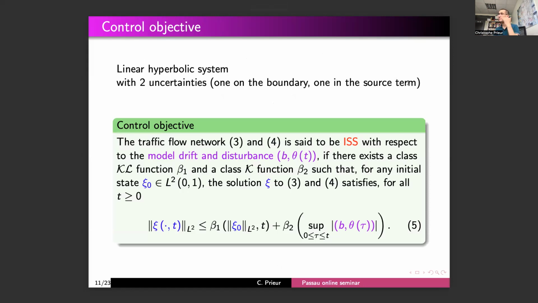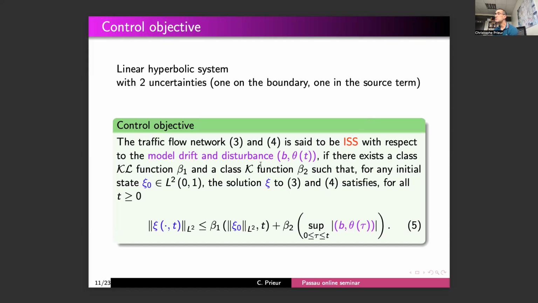So, the goal is not to stabilize. We cannot hope to reach equilibrium. We can just solve an input-to-state stability property, which is described precisely in this slide.